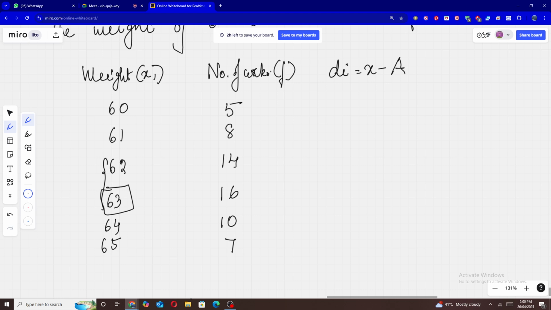What is it? 60 minus 63 minus 3. So 10 plus 10 plus 10, 30, then 40, 47, 47 plus 5 is 50, 60. But she will not understand anything.